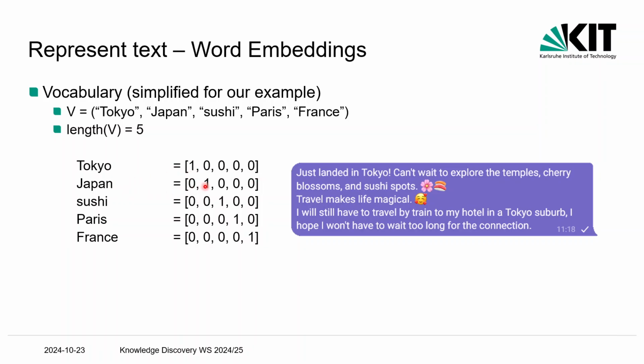Japan would have a 1 on the second spot, followed by zeros, and so on. For sushi on the third, Paris on the fourth spot, and France on the last spot. So for every word within our vocabulary, we have a representation, an embedding, in quotation marks, that we will try to use to represent documents with.